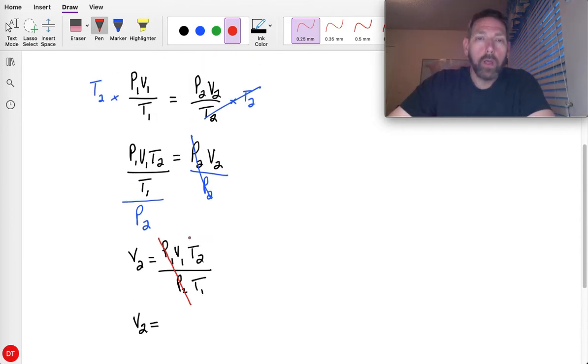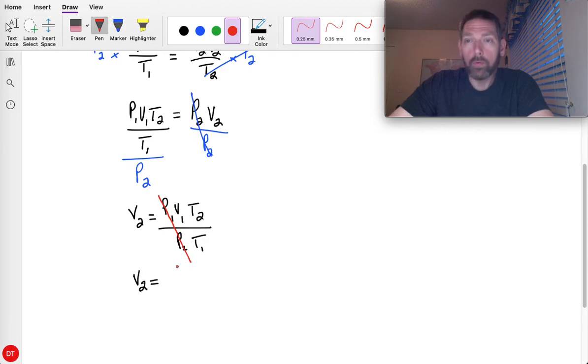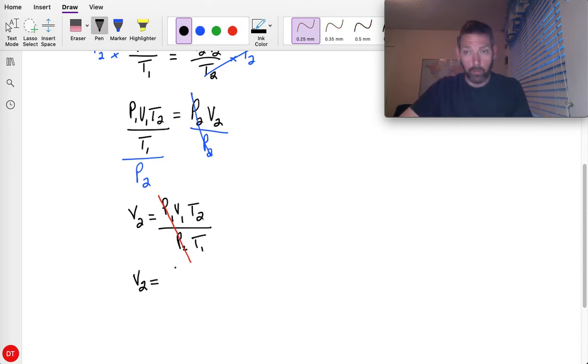But if pressure stays the same, if it's staying constant, and now in the new form of the equation we have the same value on top and bottom, then they're automatically going to cancel out. So you should see that that can happen. I'm going to go ahead and continue doing the problem as if we did not strike through the pressure.